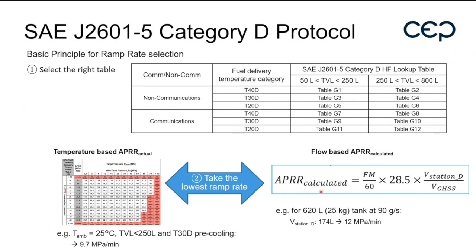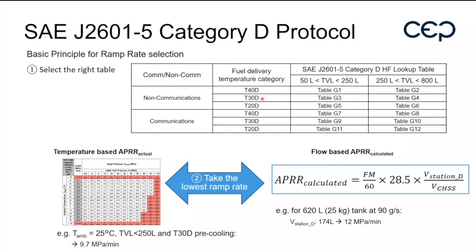So how will it work? As previously, you have to choose a table, but now there will be 2 lookup tables. So you have non-communication and communication. You have your fuel delivery temperature category.